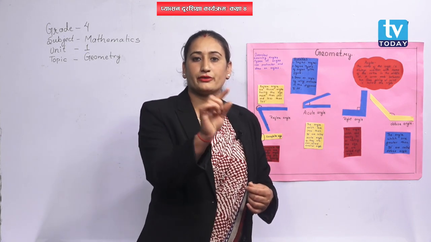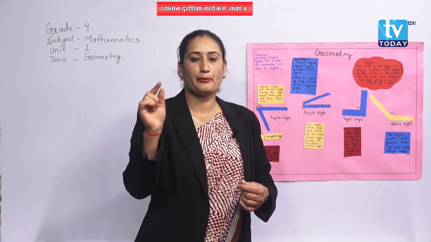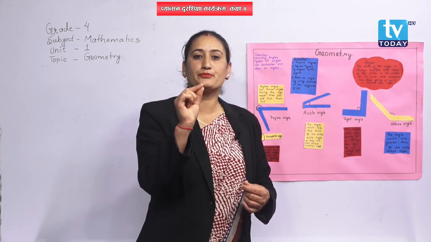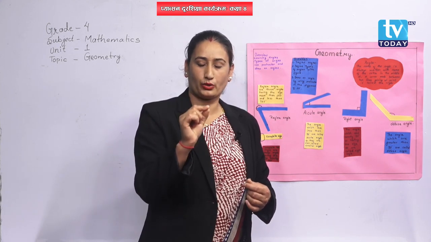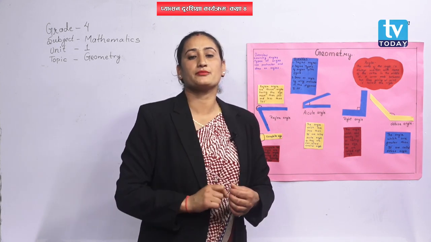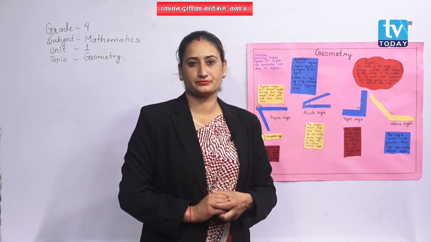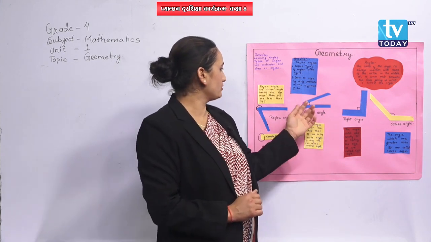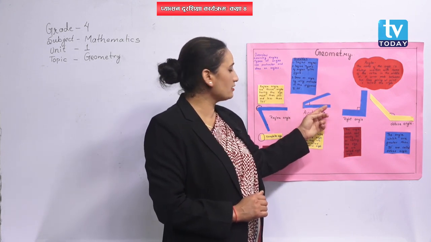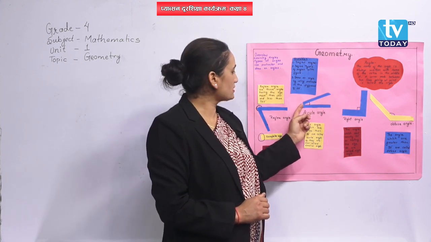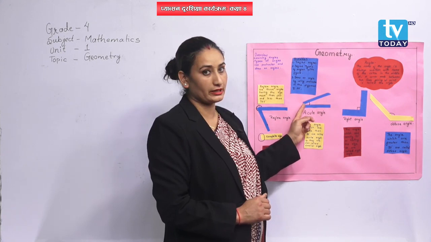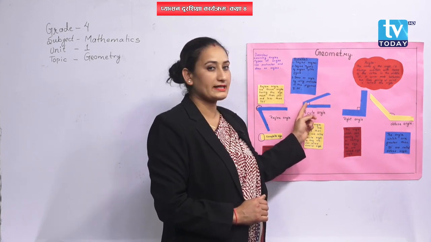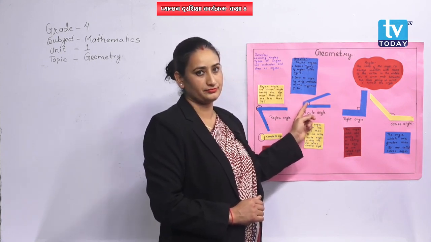When two straight lines meet in one point, then it forms an angle. We can see from here, when these two straight lines meet in a single point, this is only one point, then we call it an angle.